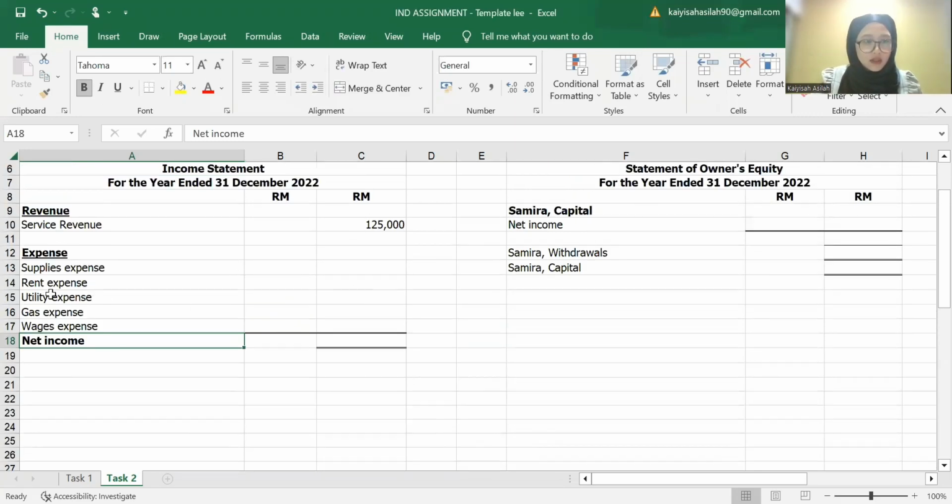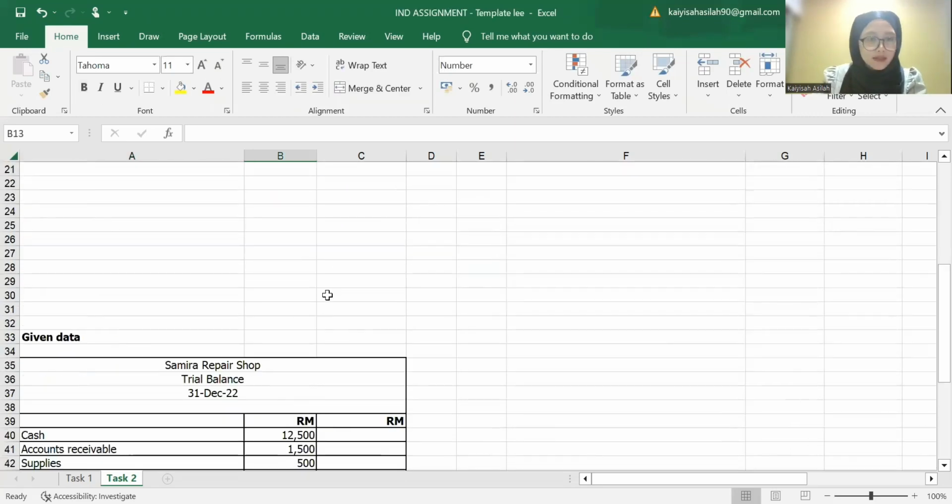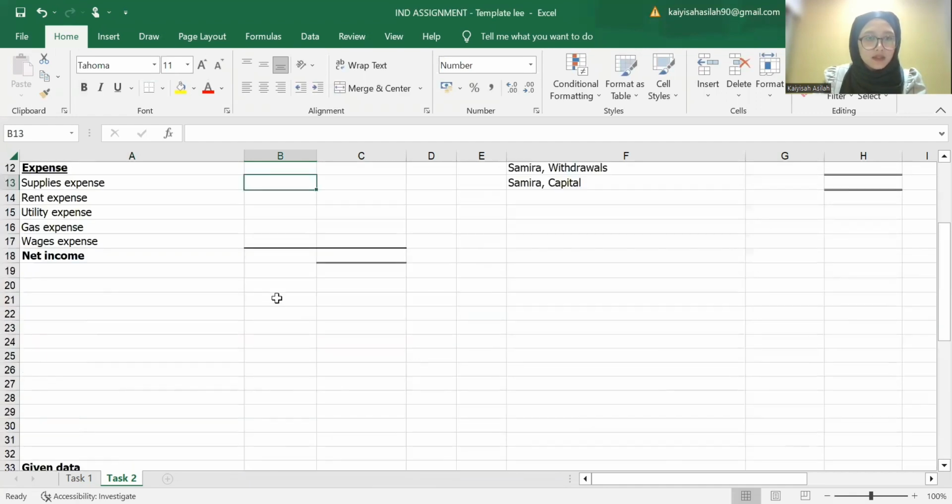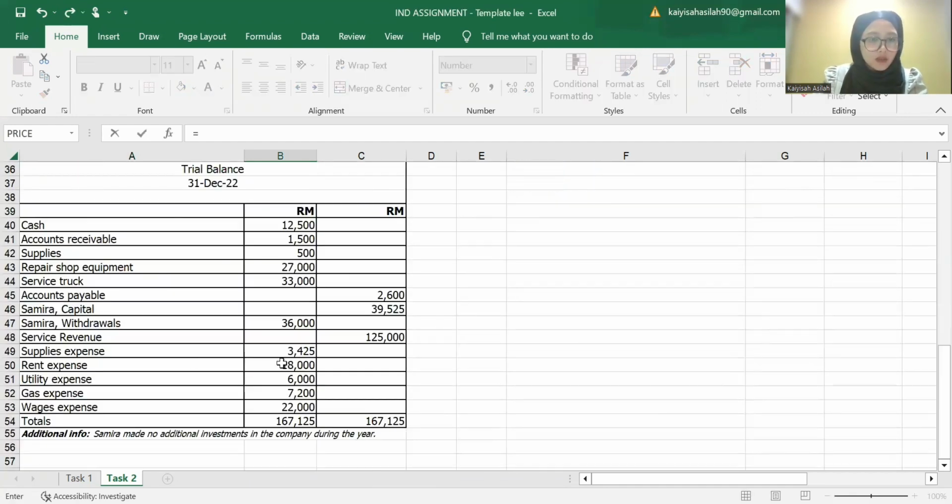All the expenses will go to the debit because they are expenses. So supplies expenses, don't forget to sum with equal.